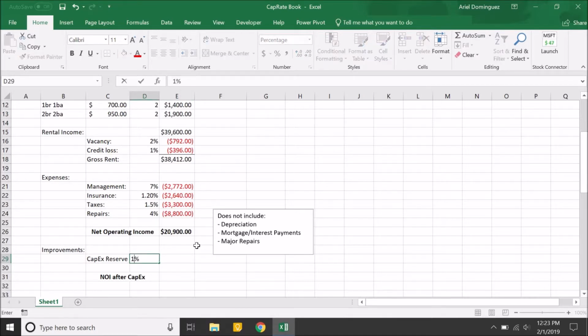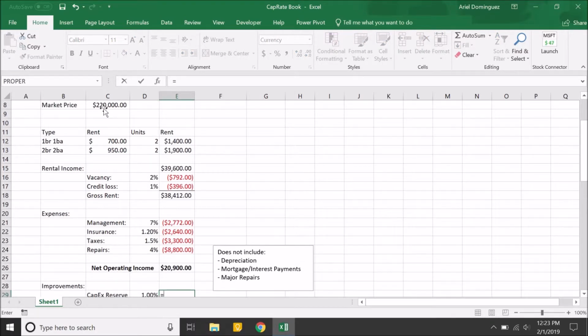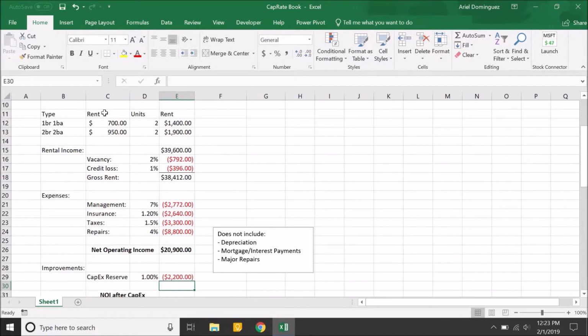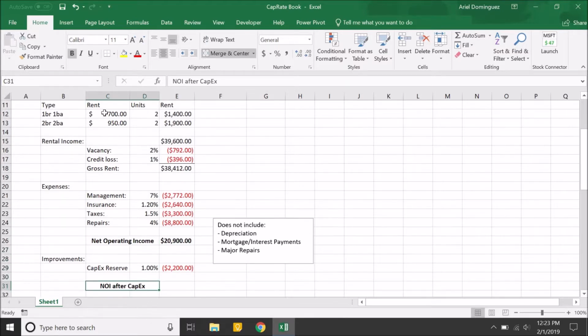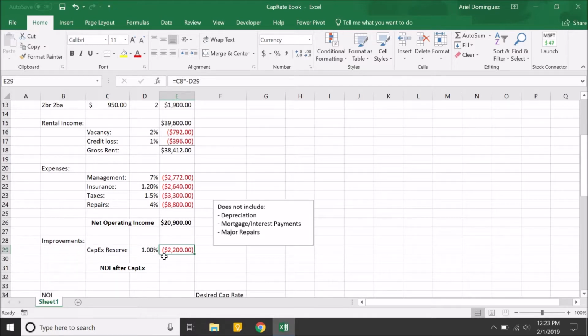So we could use 1% for this, and that'll be the market price times the 1%. So we're basically generating just under $21,000 for this property, and the capital reserve being 1% is around $2,200. Again, this expense is not going to happen every month or even every year, but it's money that you set aside for major repairs.